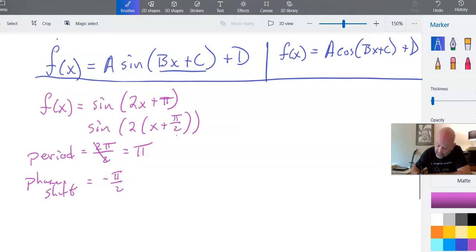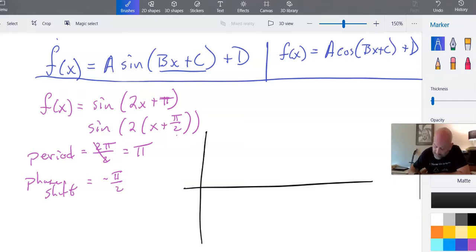It's a sine curve. One of the things that is useful is to graph the original first. So let's do from 1 to negative 1. And then we'll just go ahead and do this. So we have 2 pi, pi over 2, and 3 pi over 2.